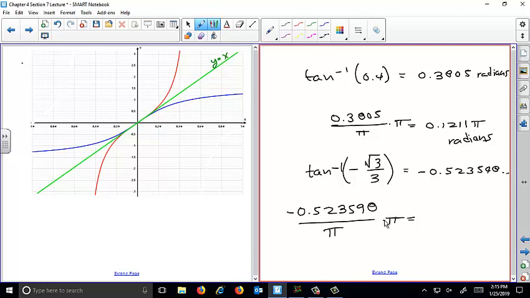We don't multiply by pi because we're going to have it explicitly shown here. So we just take that answer, divide by pi, and you get negative 0.16666 pi. So that's going to be negative pi over 6. So that's how that works. If this were in degrees, I'd get negative 30 degrees.